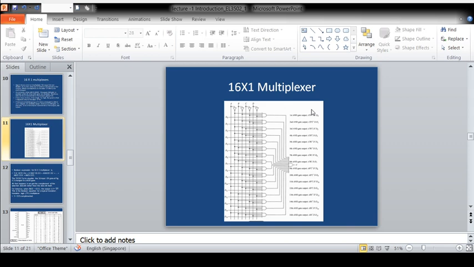If D7 is low, the output is going to be low. If D7 is high, the output will be high. So one of the data inputs is selected and steered to the output. But here the possibility is more, 16 to 1. That means 16 inputs, 16 channels, and out of the 16 channels, one can be steered at the output.